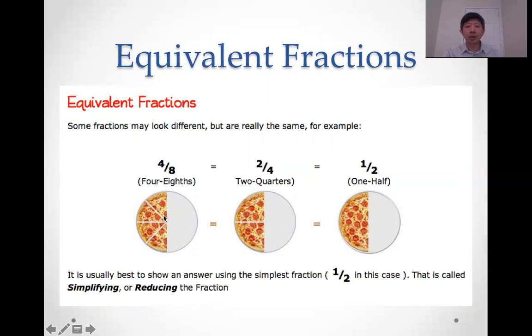And the same as here, this is 1. So yeah, 4/8, which is 2/4, which is 1/2. Right, 4/8 equals 2/4 equals 1/2. So it is usually best to show the answer using the simplest form, 1/2. In this case, it is called simplifying or reducing the fraction.